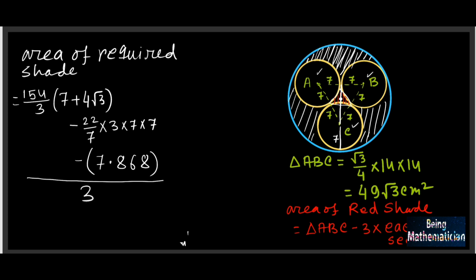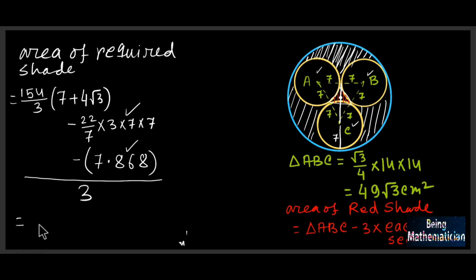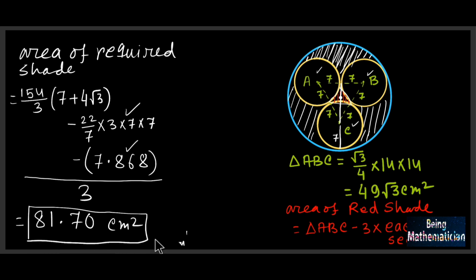So big circle minus 3 small circles and this small red shaded part. Now this simplifies as 81.70 centimeter square, which is our answer.